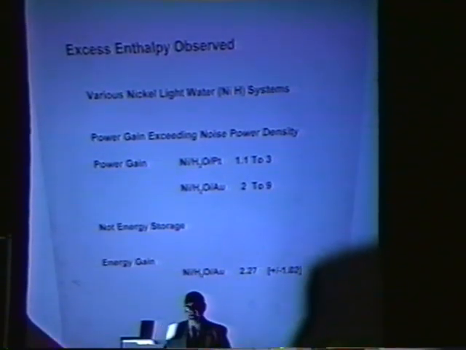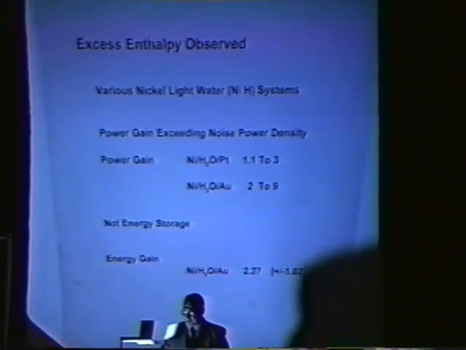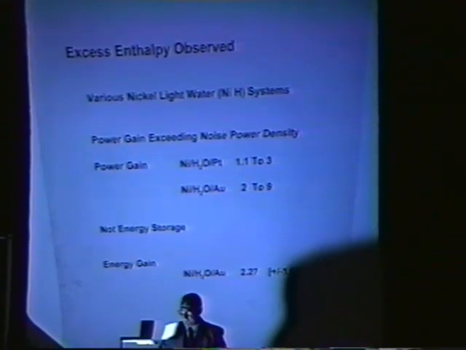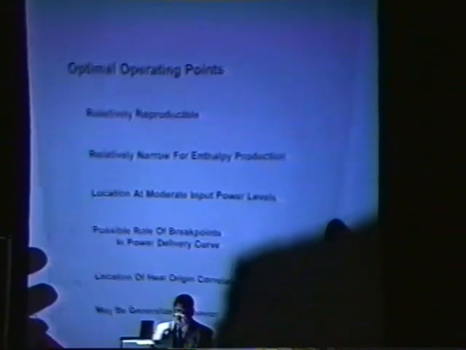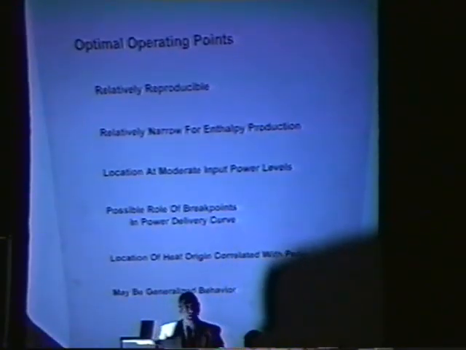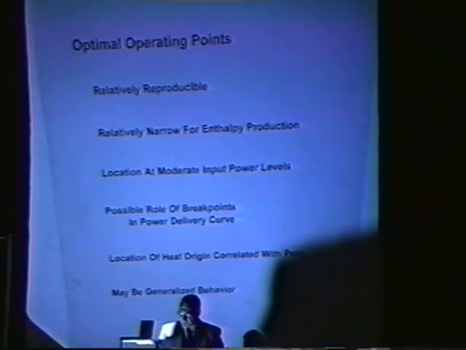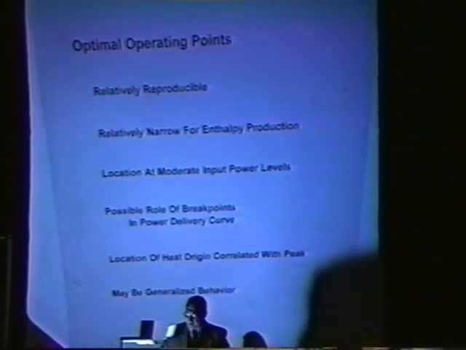We see excess heat in the range of 10% to 300% for nickel versus platinum, 200% to 900% for nickel versus gold. It's not energy storage, and we see energy gain as well. The optimal operating points appear to be fairly reproducible. They show generalized behavior.